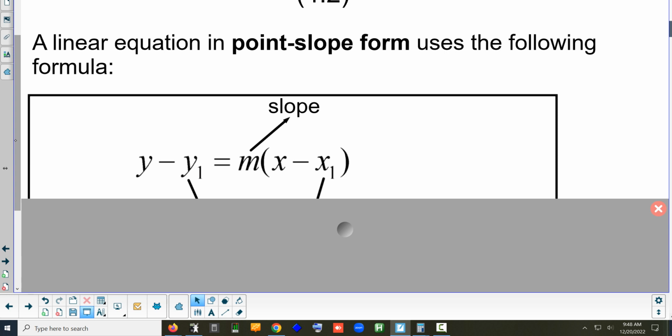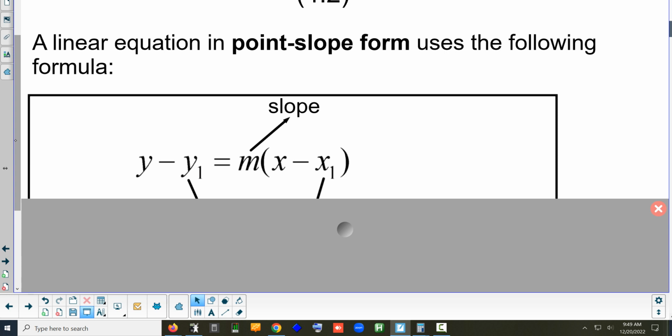So the equation is y minus y1 equals m, and then in parentheses, x minus x1. Now, do you see a b anywhere in that equation? No, there's no b there. That's because you do not have to find the y-intercept today. I'm not going to use it. So m is the same thing it stood for yesterday.